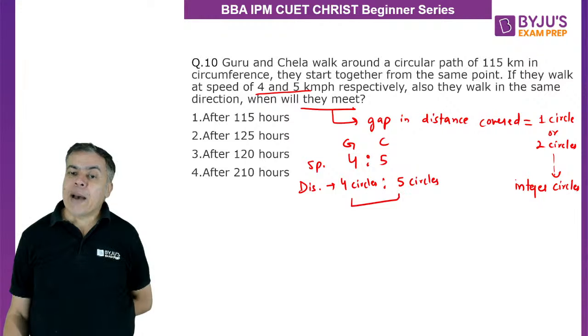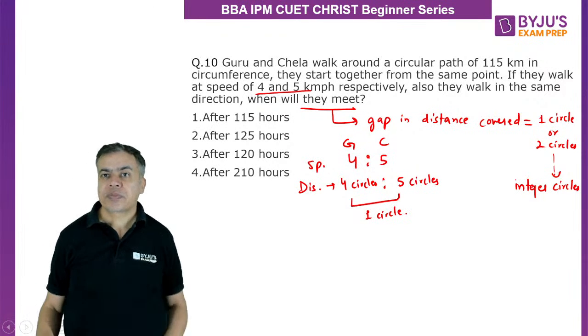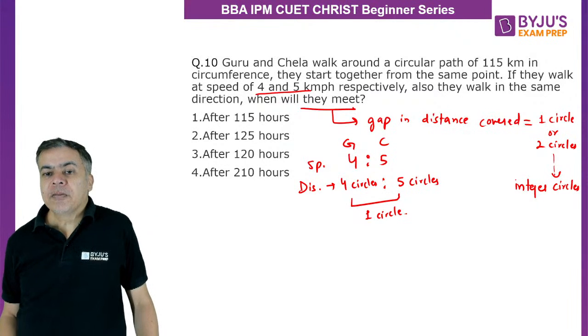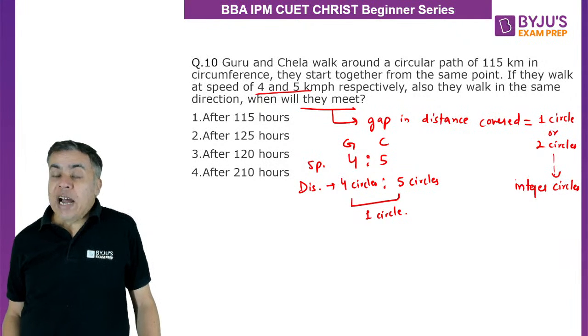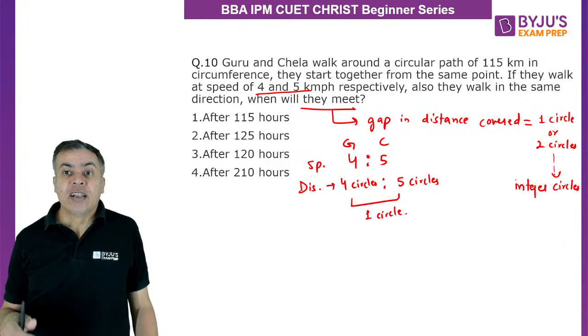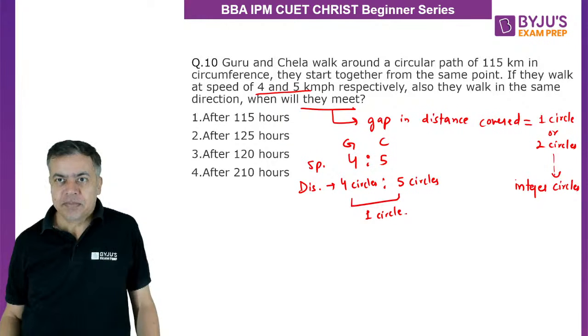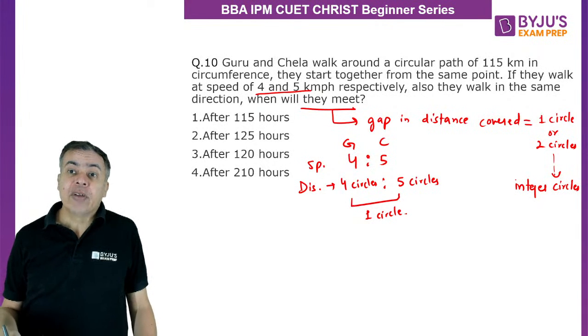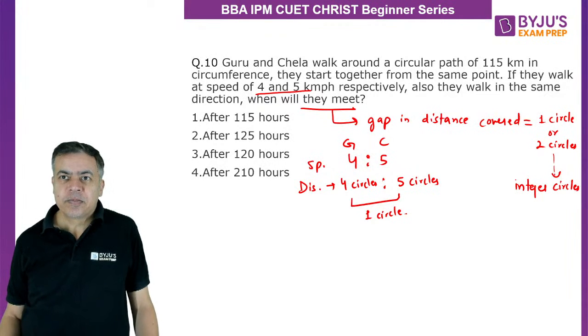That means the gap will become 1 circle. So when Guru covers 4 circles and Chela covers 5 circles, then they will meet for the first time. Because then the gap will become exactly 1 circle.